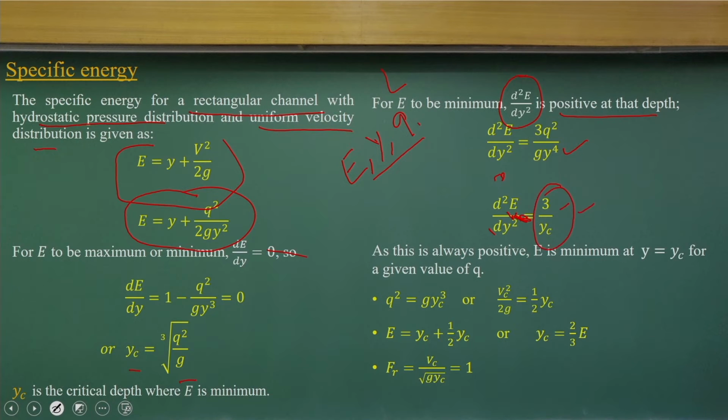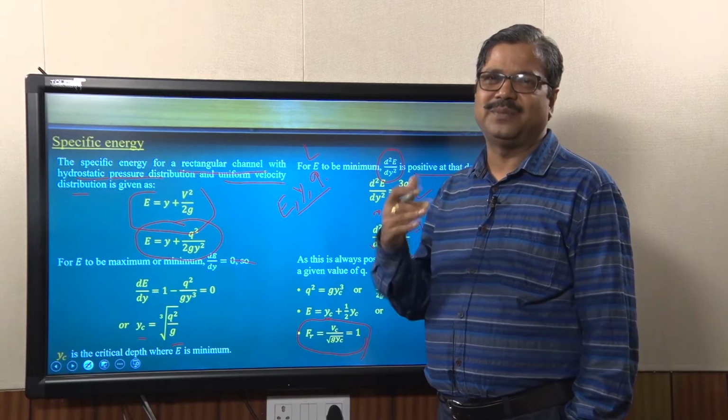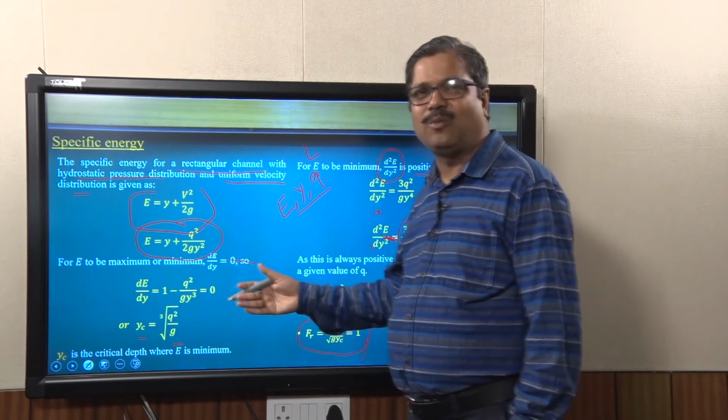If you substitute everything, you will find that E is minimum only when the flow is critical. That is what we did. Graphically, we presented it in the specific energy curve. This is just the mathematical form.